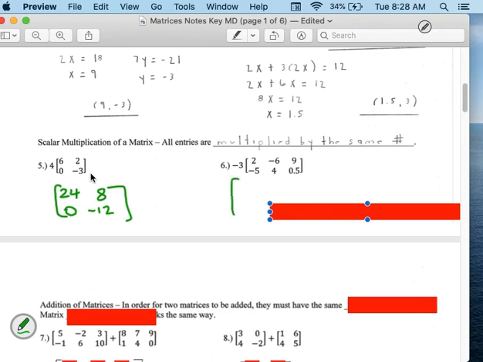So negative 3 times 2. Let me find my red pen here.